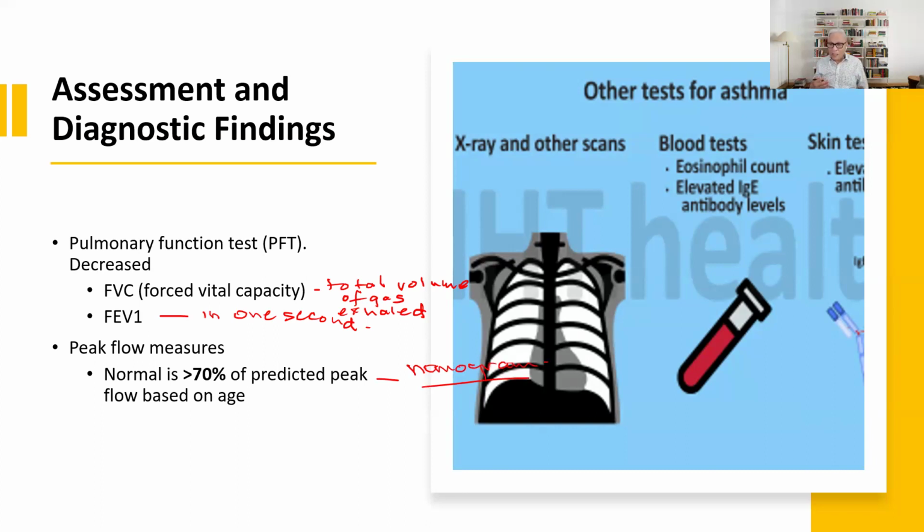After checking the nomogram, you're going to determine if this is at least 70% of the predicted peak flow for the patient's age. Okay, so remember the 70% of predicted peak flow.